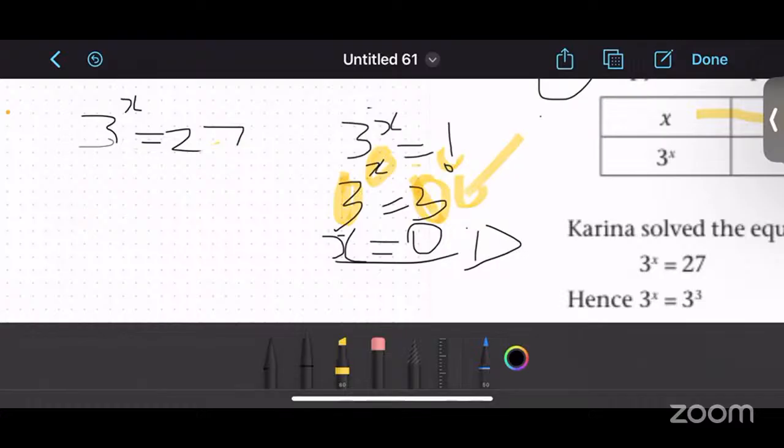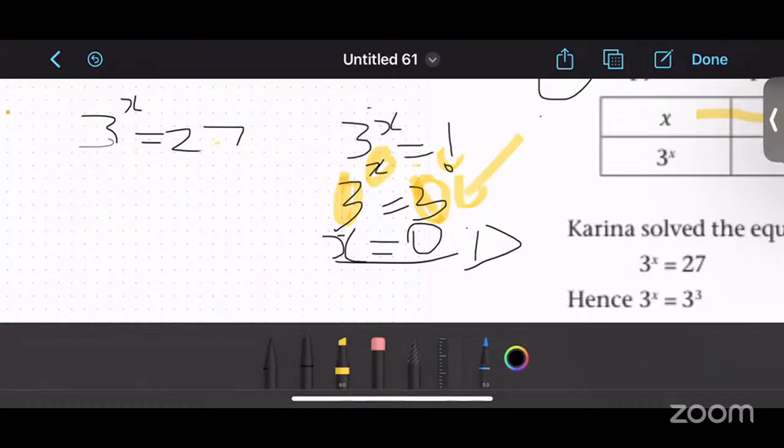Once the bases are the same, then we can easily just forget about them or move everything down so that they cancel out, right? Do you get me? Yes.